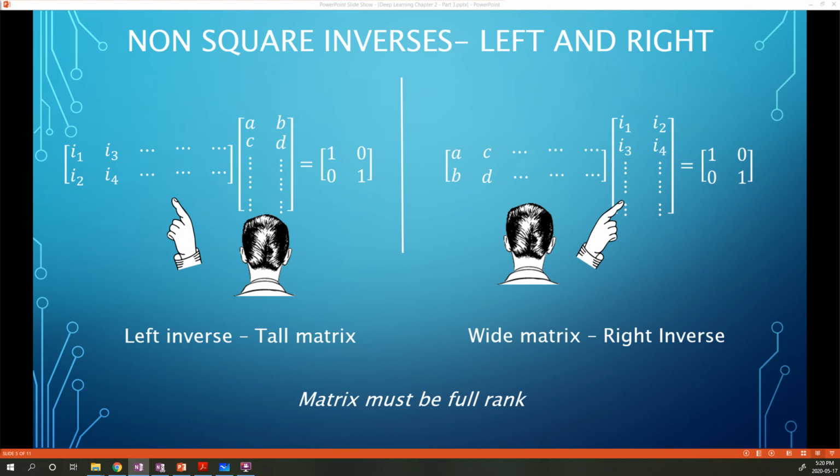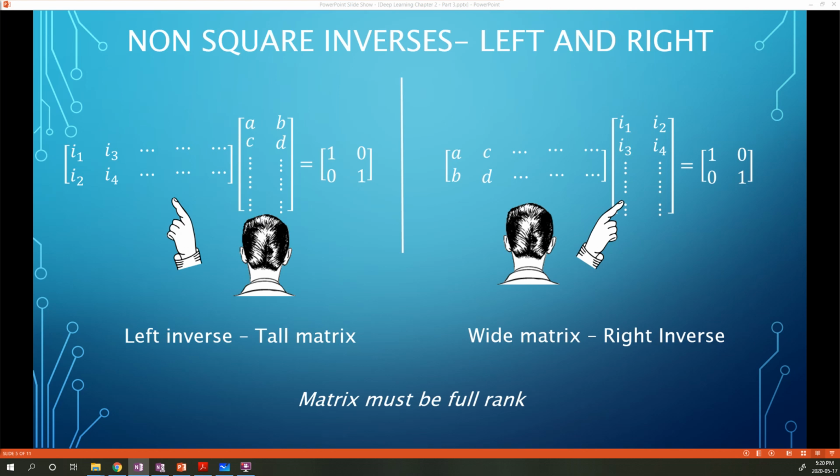This means that the set of column vectors or the set of row vectors making up the matrix must be completely linearly independent for the inverse to exist. And this might be thought of as an alternative for the non-zero determinant condition for inverse existence. See, for a square matrix, it needs a non-zero determinant to have an inverse.